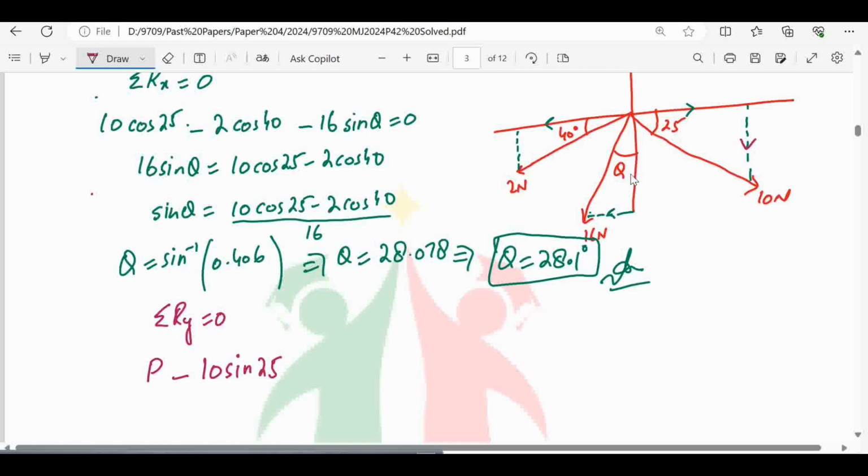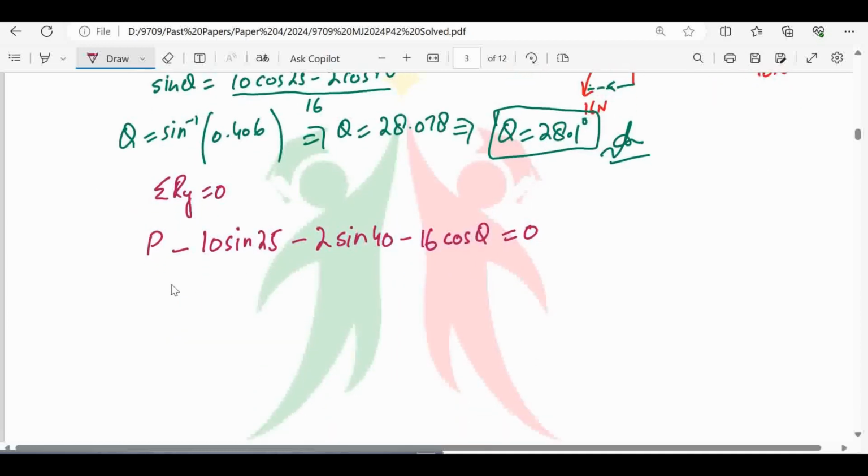Then we have this component, this will be minus 2 sine of 40, because it's the perpendicular side. Then we will have minus this component, this will be 16 cos of theta is equal to 0.